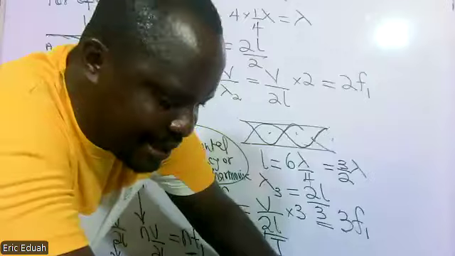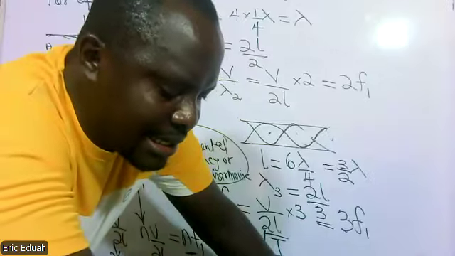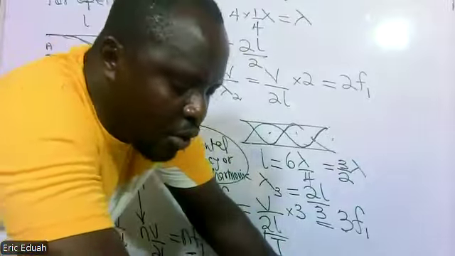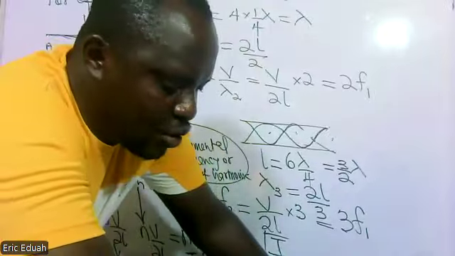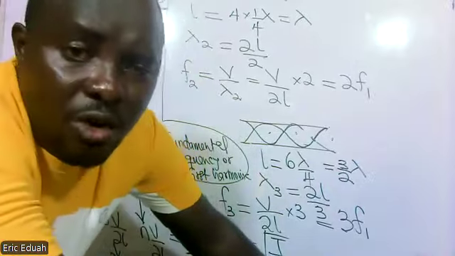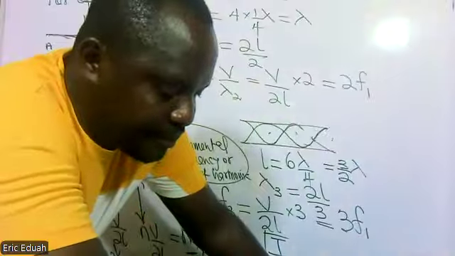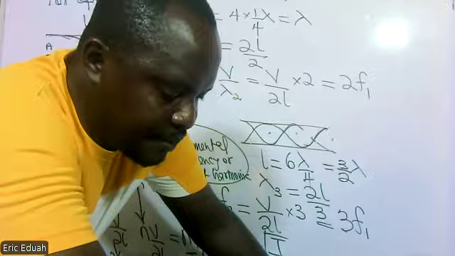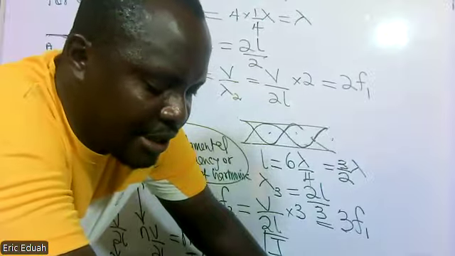Their lengths are in a ratio of what? A closed pipe and an open pipe have their first overtones identical in frequency.